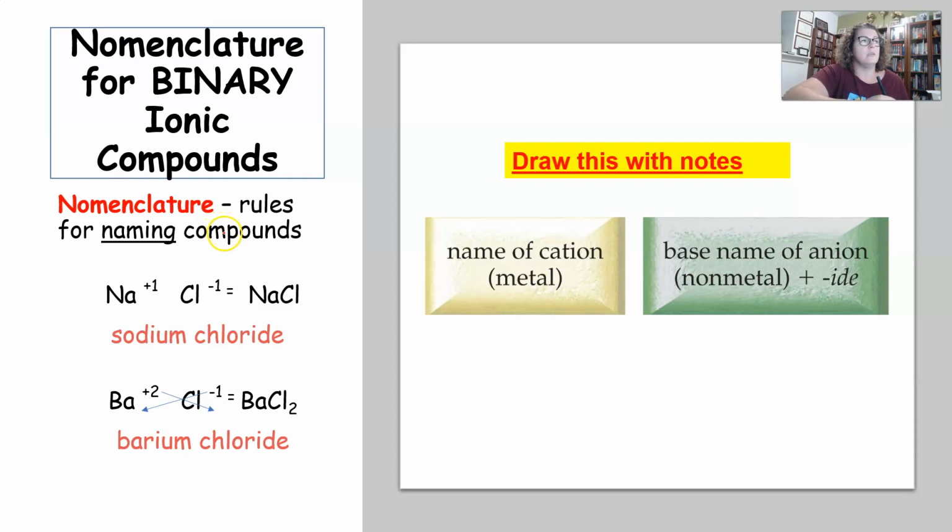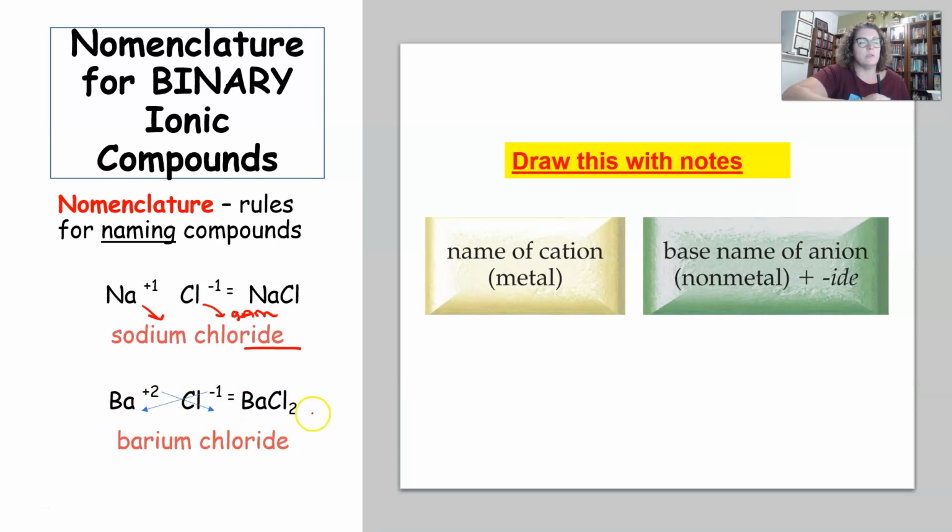You will see this word nomenclature a lot throughout the videos, so please make sure you understand what it means. Sodium lost, so the name doesn't change. But because chlorine gained, the ending changes to -ide. Same thing with barium. Barium lost, still barium, but the chlorine gained, so now you have chloride.